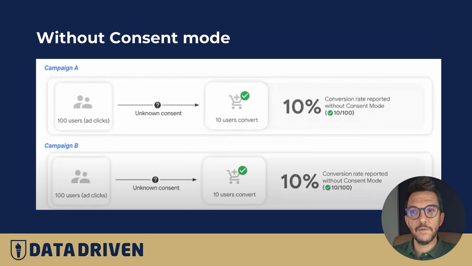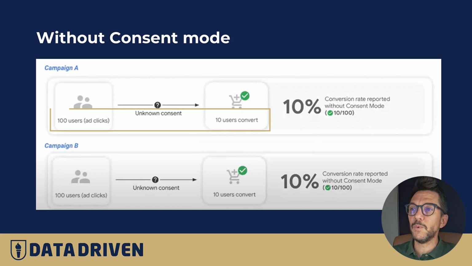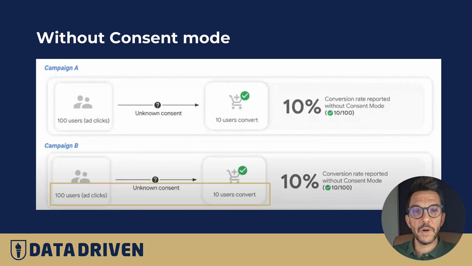Without consent mode, and please pay close attention to the numbers here, out of 100 users coming from campaign A, if 10 of them convert, you have a 10% conversion rate regardless of whether you know the consent or not. For campaign B, looking at the same numbers, you will practically give equal credit to each of these two campaigns because you see these two campaigns equally.